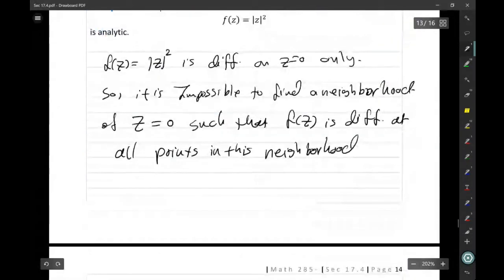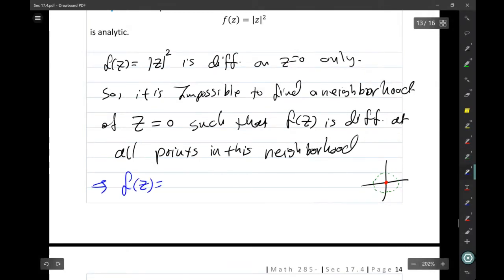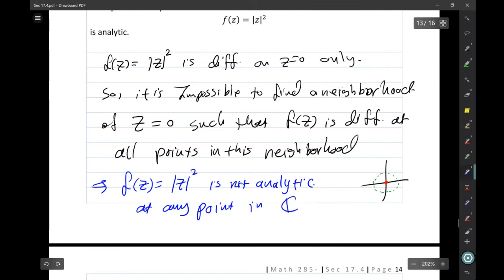Because it is differentiable only at this 0, I cannot find a neighborhood around 0 where the function is differentiable everywhere inside it, which means the function f of z equal to absolute value of z squared is not analytic at any point in the complex numbers.